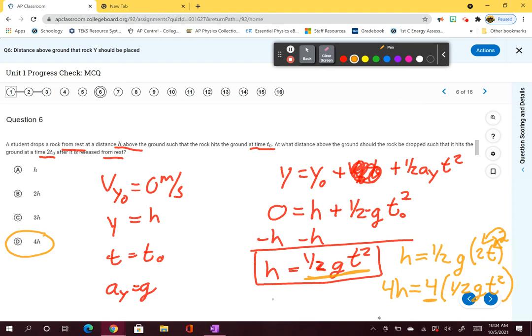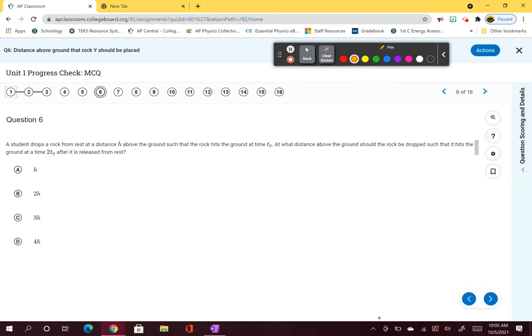Now, your t and your h have a direct squared relationship. And the reason it's squared is because your t is squared. That squared affects things. Direct means they both go up. Squared means you have to square your 2 to get 4. There you go.